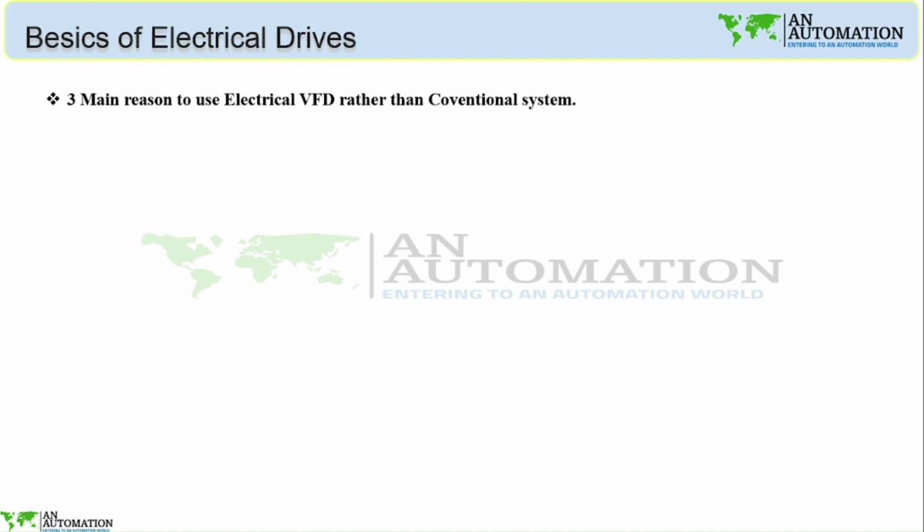There are three main reasons to use an electrical drive rather than the conventional system. The first is energy saving. In many drive applications involving constant speed operation, the induction motor operates under no load or light load for prolonged periods, such as in pressing machines, conveyors, rock crushers, centrifugal pumps, drill presses, wood saws, and some machine tools.